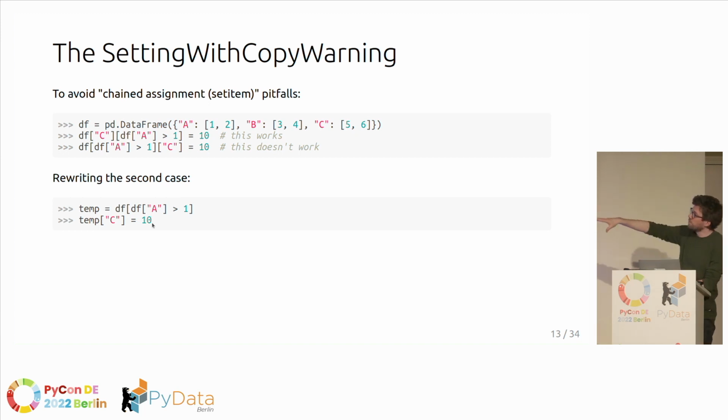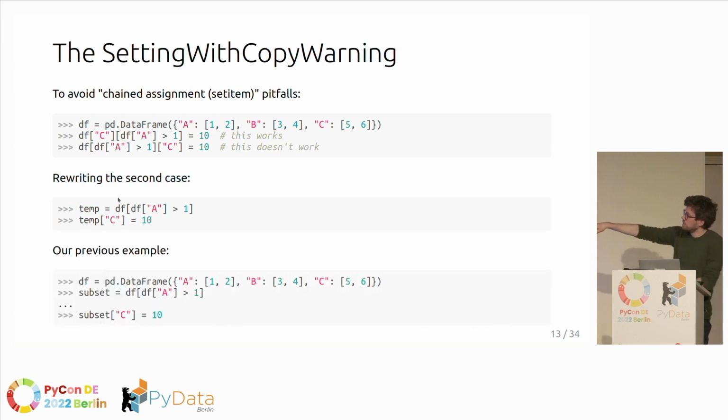So basically, for Python, the last line here is very equivalent to this. But here you see you're getting very close to the example that I used originally, where I create a subset and then want to work further with this subset. And that's the reason that in this last example, you also get this warning, although maybe in that case, you actually don't care about the original data frame.